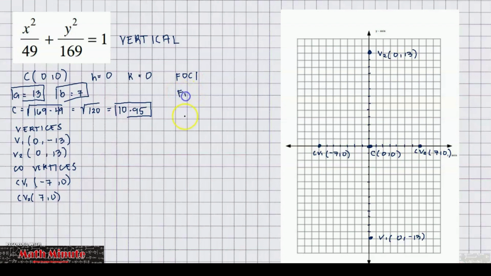For your foci, F sub 1 and F sub 2, this will be 0 since this is vertical, then negative 10.95 and positive 10.95. So I will just use a different color for your foci. F sub 1, negative 10.95: 1, 2, 3, 4, 5, 6, 7, 8, 9, 10.95.